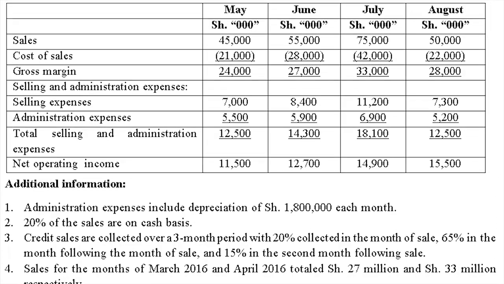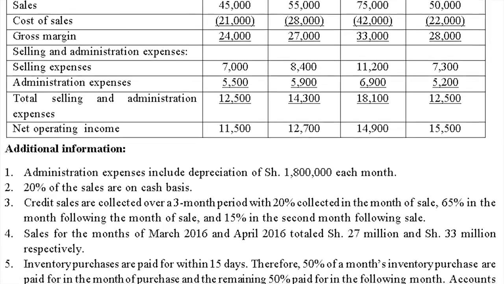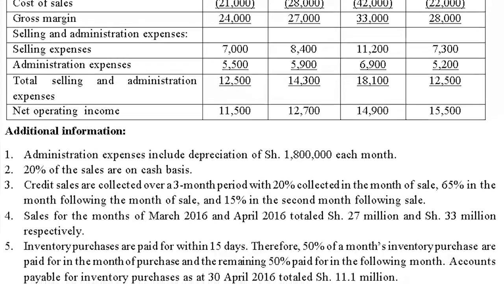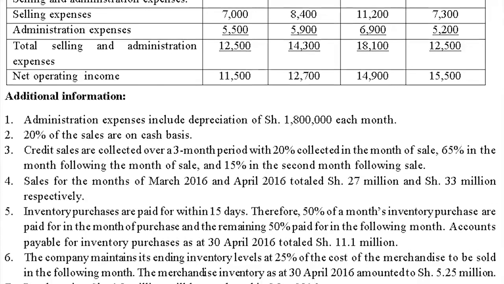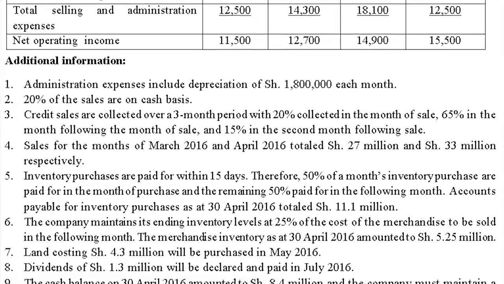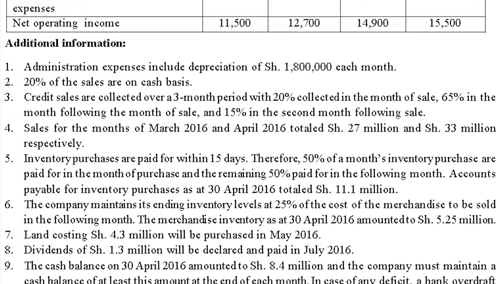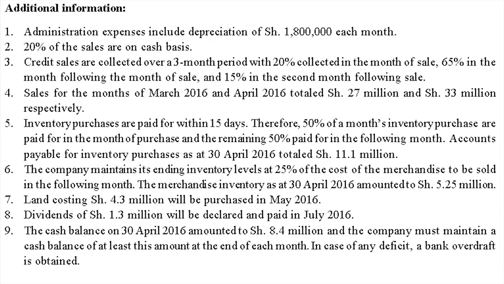The net operating income is 11,500, 12,700, 14,900, 15,500. Then additional information. Number 1 is that administration expenses include depreciation of shillings 1.8 million each month. Number 2, 20% of the sales are on cash basis.